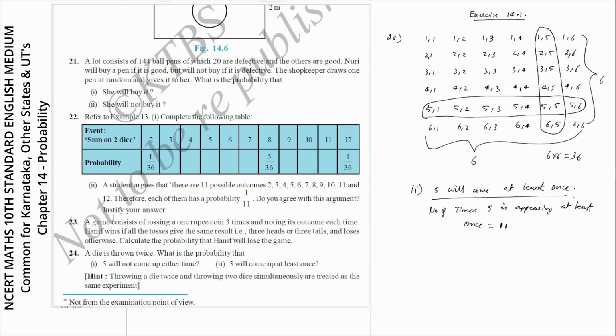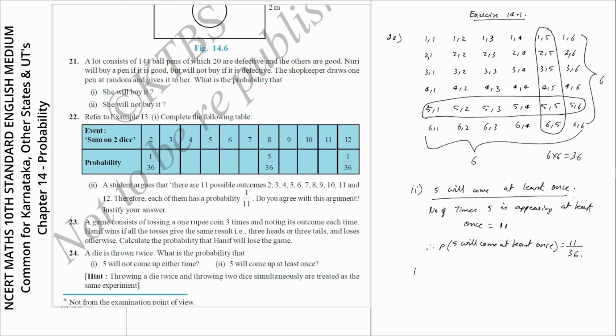There are 11 possible outcomes where 5 is appearing at least once. Therefore the probability that 5 will come at least once is equal to 11 divided by the total number of possibilities, which is 36.